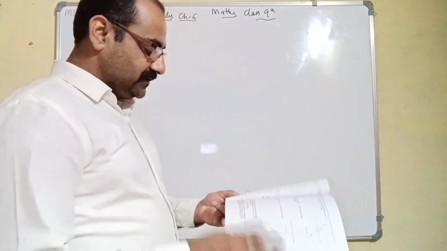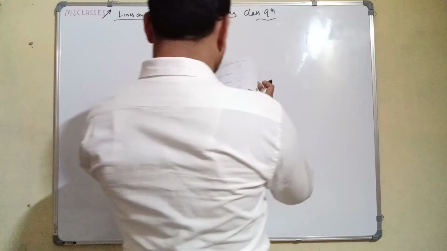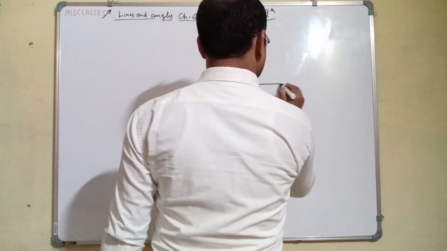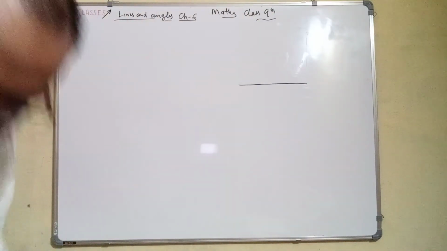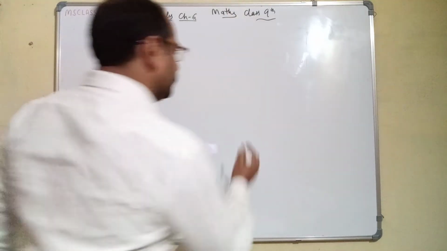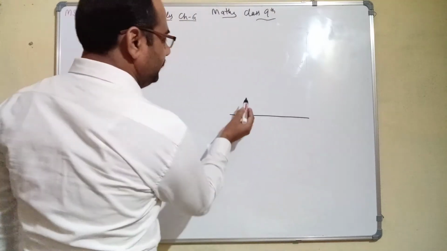So first of all, your diagram is a line AB. Guys, this is a line, this line is AB.